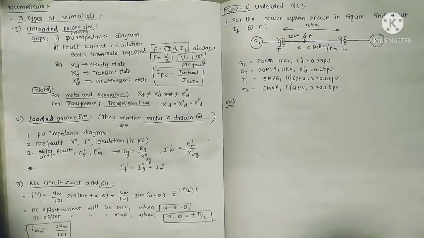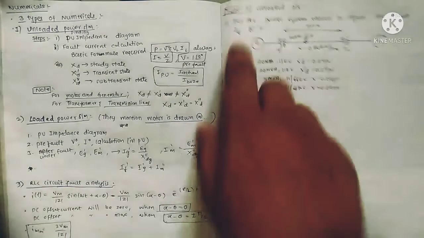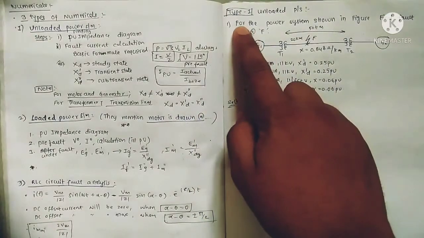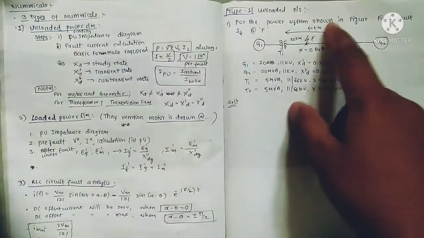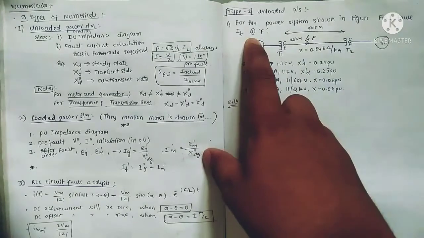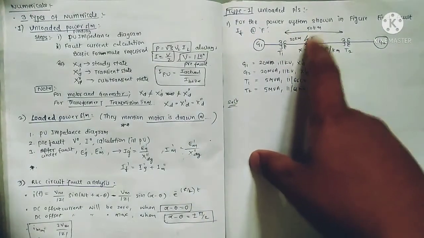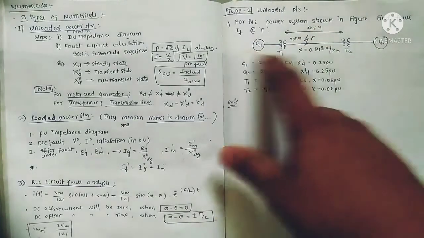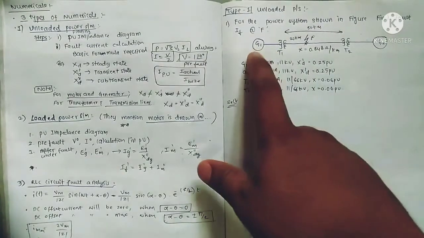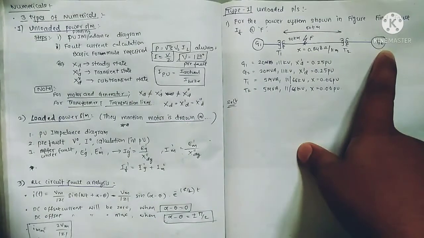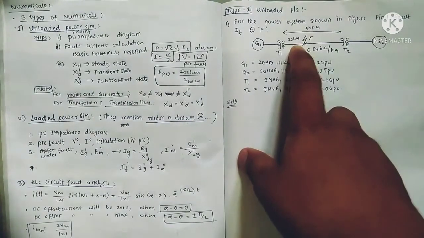Let us discuss type 1 numericals, the unloaded power system. The question is: for the power system shown in the figure, find the fault current IF at F. Generators G1 and G2 are connected and there is no load, so this is an unloaded power system.